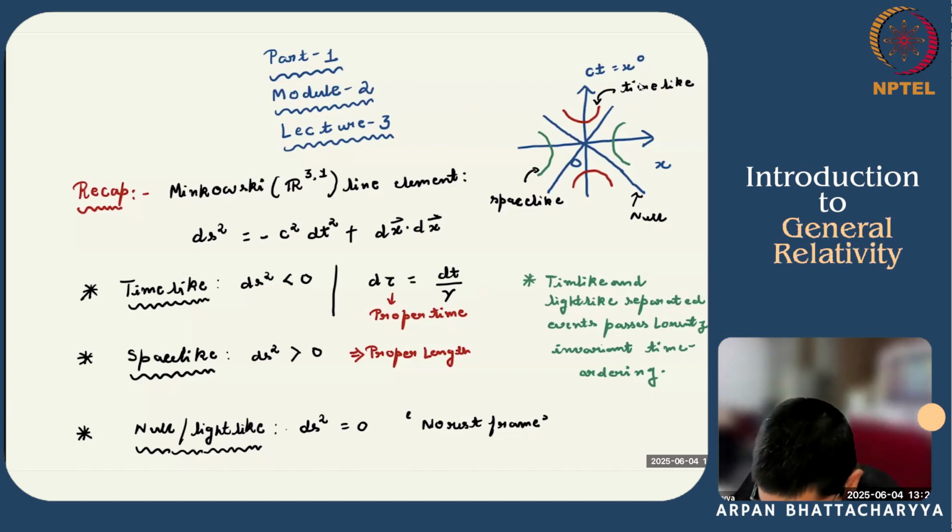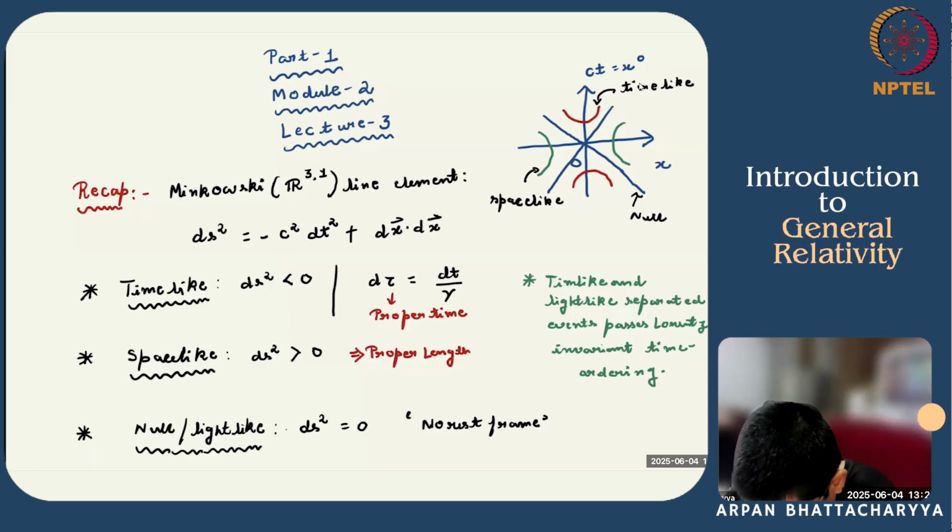So we know that Minkowski spacetime has an associated line element, which is defined by this expression. Here we are considering one time direction and three space directions, and the Minkowski spacetime with this number of dimensions is denoted by R3,1.